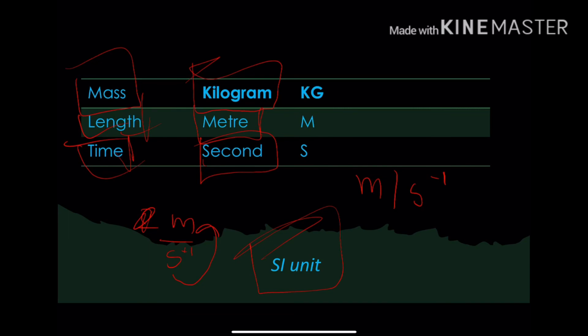You have to watch my linear equations video. To bring it up, it becomes meter per second to the power -1, because if you put it on the other side, the plus becomes minus. Time is second, meter is meter, and kilogram is kilogram.